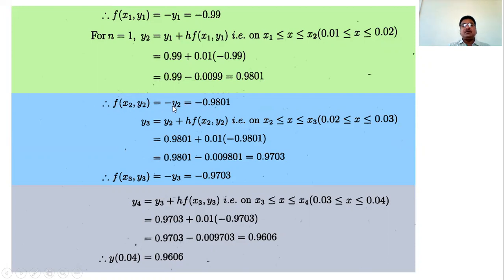So f of x2 y2 is minus y2, means minus of this quantity, and here is the value. So find these values of f of x2 y2, f of x1 y1, f of x3 y3 separately, or directly write here f of x2 y2 as minus 0.9801 and all these values, and we get this answer. This is the value at 0.04.